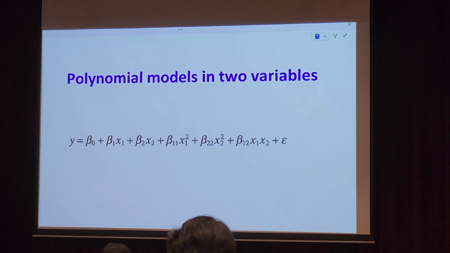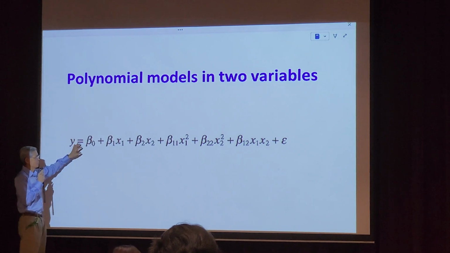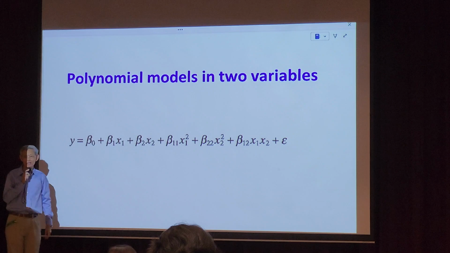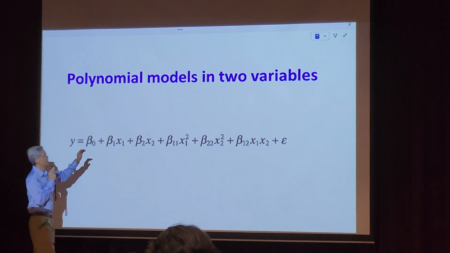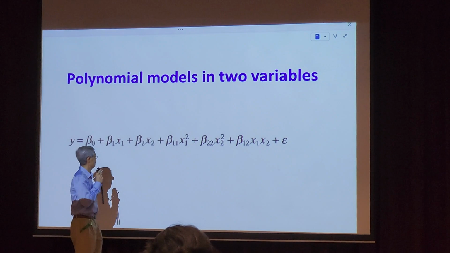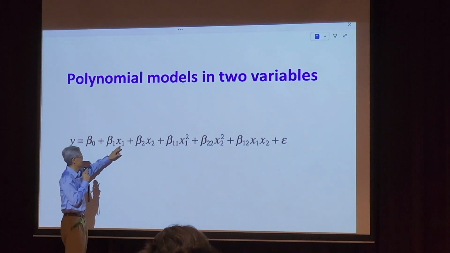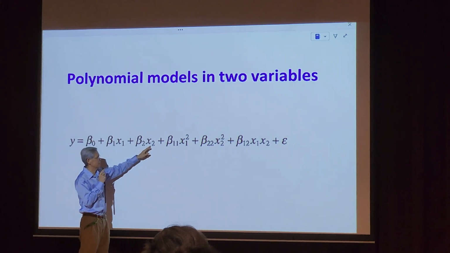Now remember, this is chapter 7. We are still talking about polynomial model. So far, we talk about polynomial model in one variable. Now, in this chapter 7D, I'm going to go beyond one variable and look at polynomial models in two variables. This is one variable, this is another one.